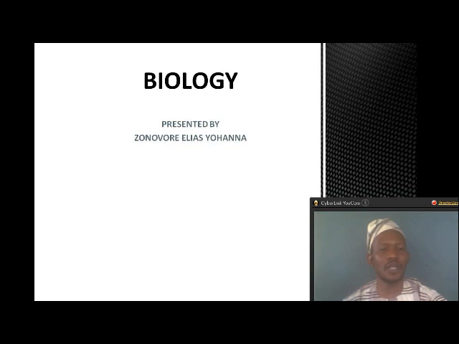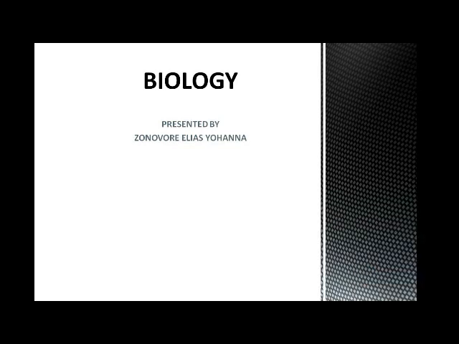Under this display, we are going to be exposed to how it is carried out, and what are the responses that show that both parties are ready, or that one of the parties is not ready for mating, for instance. So you are all welcome to today's class.